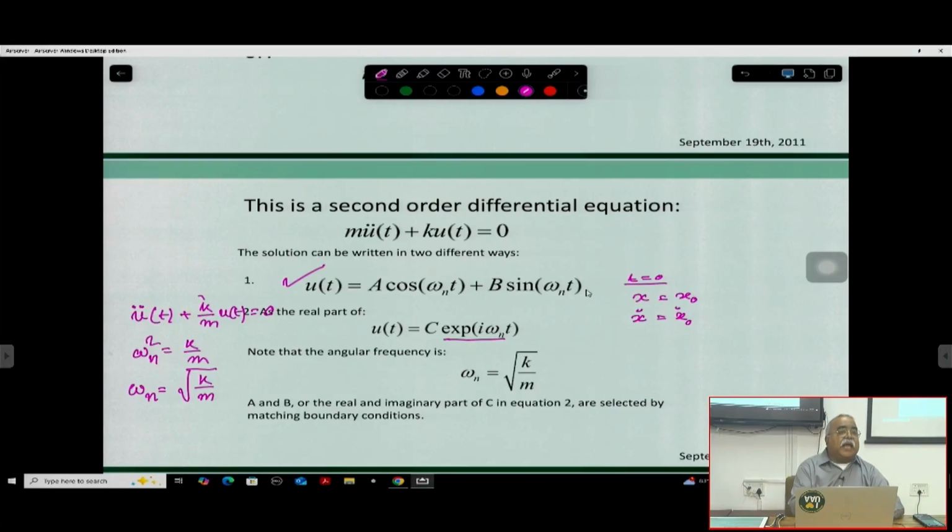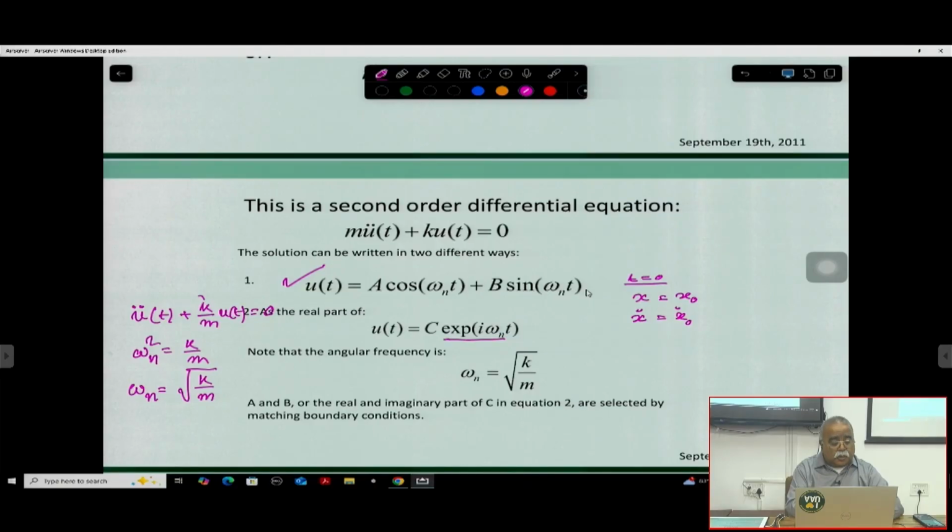So this omega n is called the natural frequency of the structure. It is also called the circular frequency, and what will be its unit?